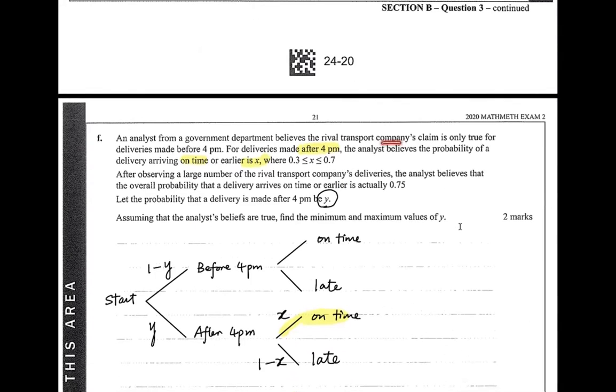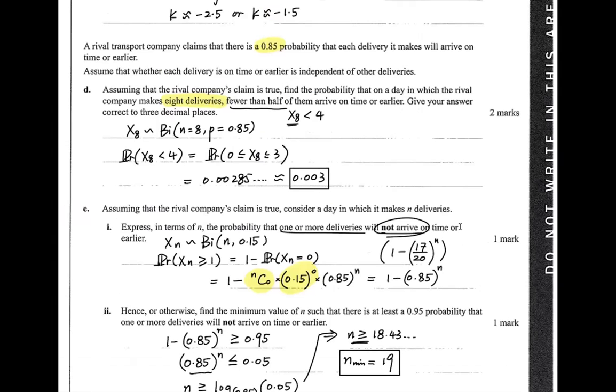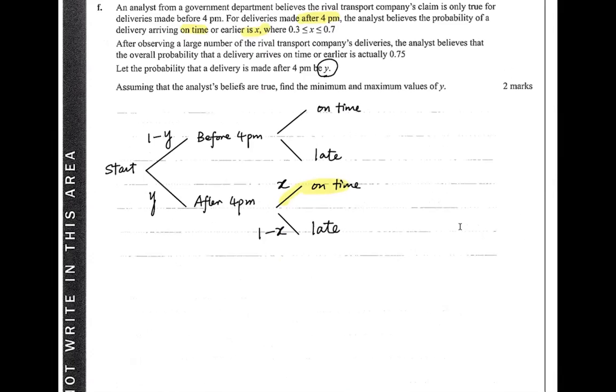Okay, the claim is only true for deliveries made before 4 p.m. So the claim is only true before 4 p.m. 0.85 is the probability of arriving on time before 4 p.m., and the late probability is 0.15. We made the first but big move of this question.